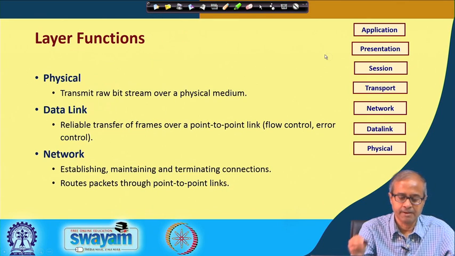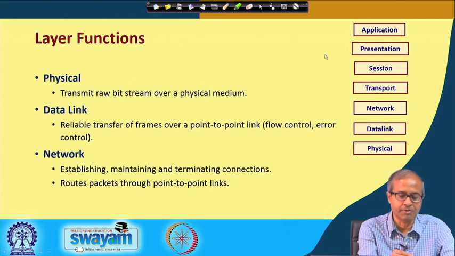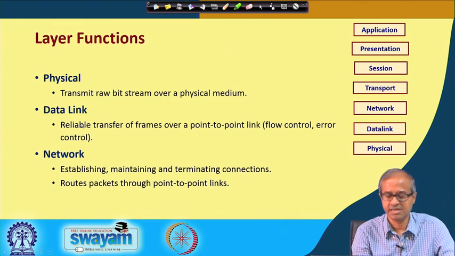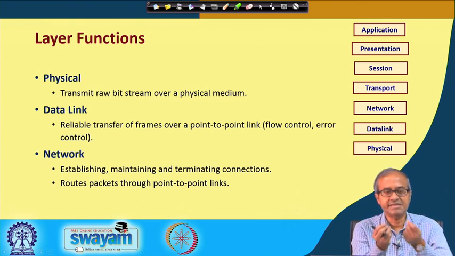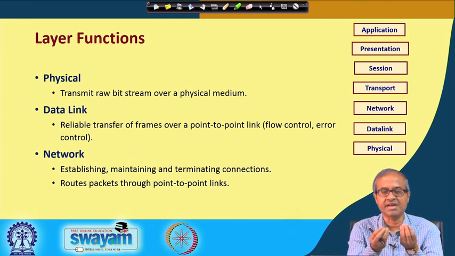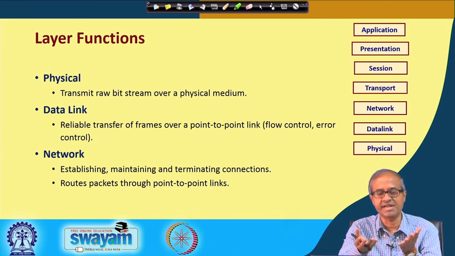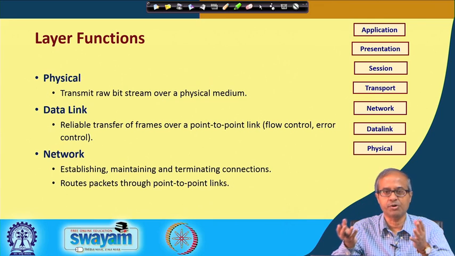First, let me briefly talk about the function of the different layers. The lowermost layer, the physical layer, concerns the electrical, or in whatever way you are sending, either using electrical signals or using optical signals in fiber optics.